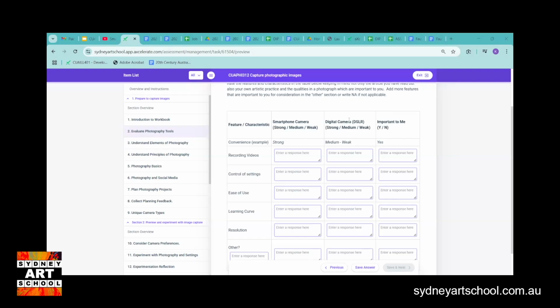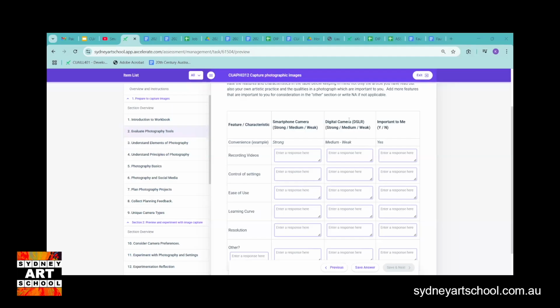Oops, Sophie's was occupied. Lucinda, how about you? Lucinda said, I haven't used a digital camera to take photos in a long time, but I'm sure it's still good if they're still being used. Yeah, so if we're looking at the control of settings, how much you can change things, probably the digital camera gives you more options.